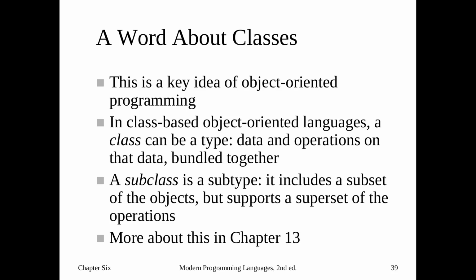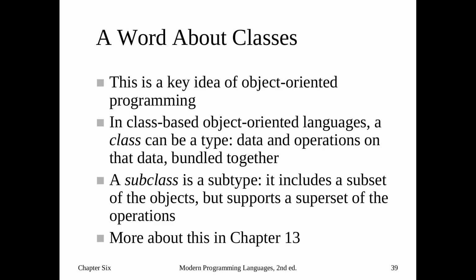Classes, as we all should know, are a key idea of object-oriented programming. In class-based object-oriented languages like Java, a class can be a type. It means, in object-oriented terms, both the data and the operations on that data bundled together. A subclass is a subtype. It includes a subset of the objects, but supports a superset of the operations.